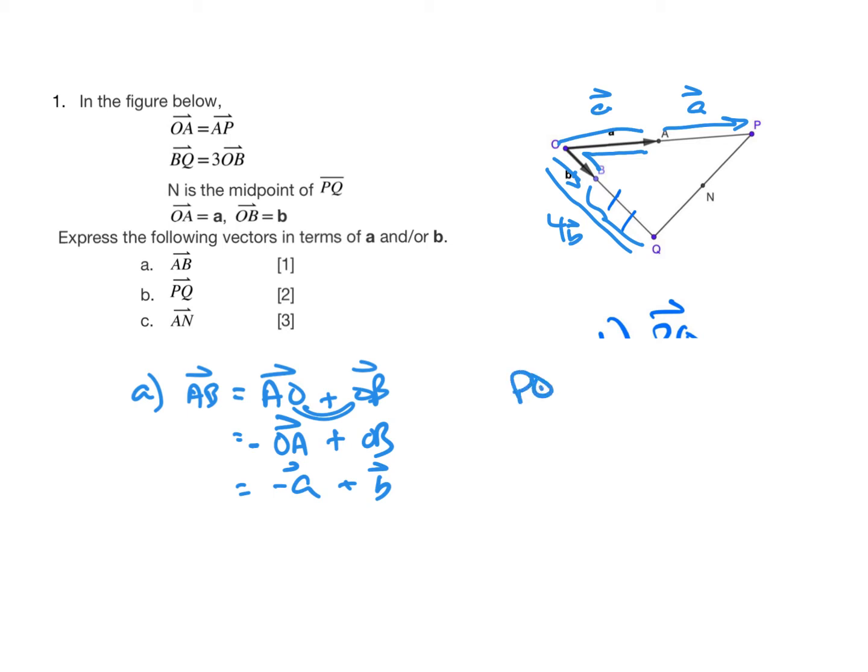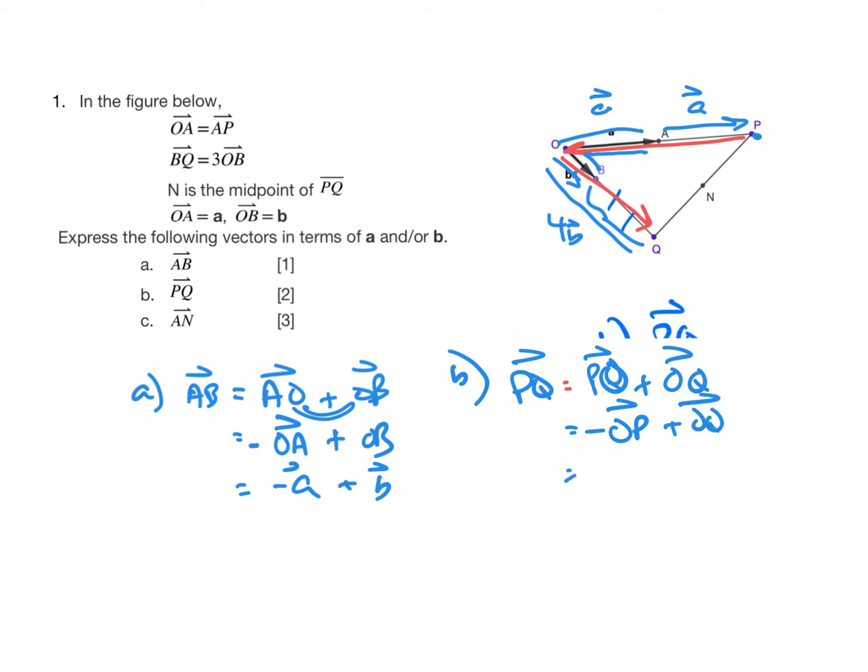When I move to PQ, I can do PQ, if I consider that it's going to be going from P to O, then O to Q. So if I go P to O plus OQ, well, P to O is going to be the same as negative O to P plus OQ.